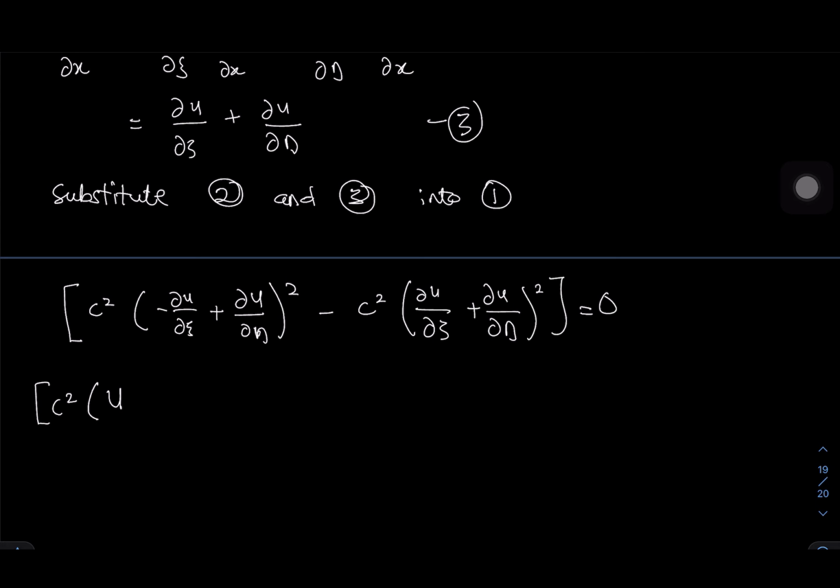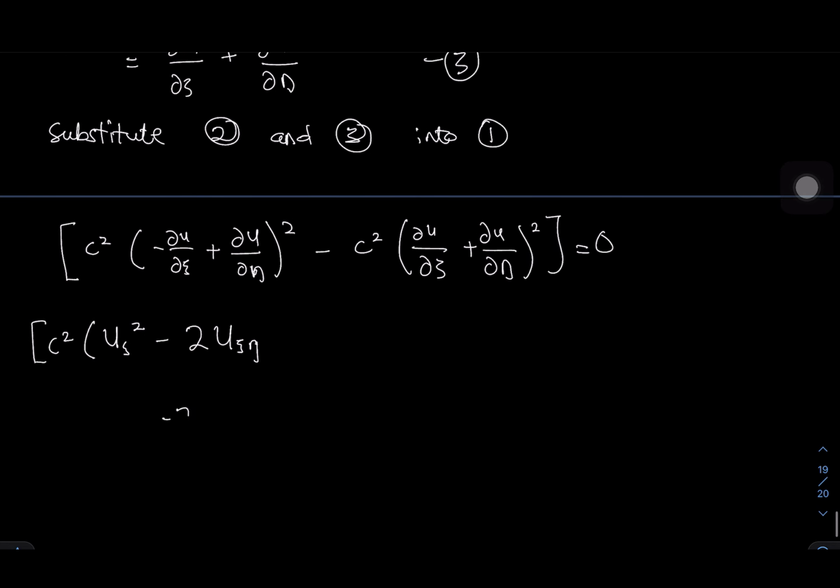So it's going to be u eta squared plus, actually minus 2 u eta u c, because it's going to be minus 2 del u del eta del u del c. Why do I always keep mixing that?